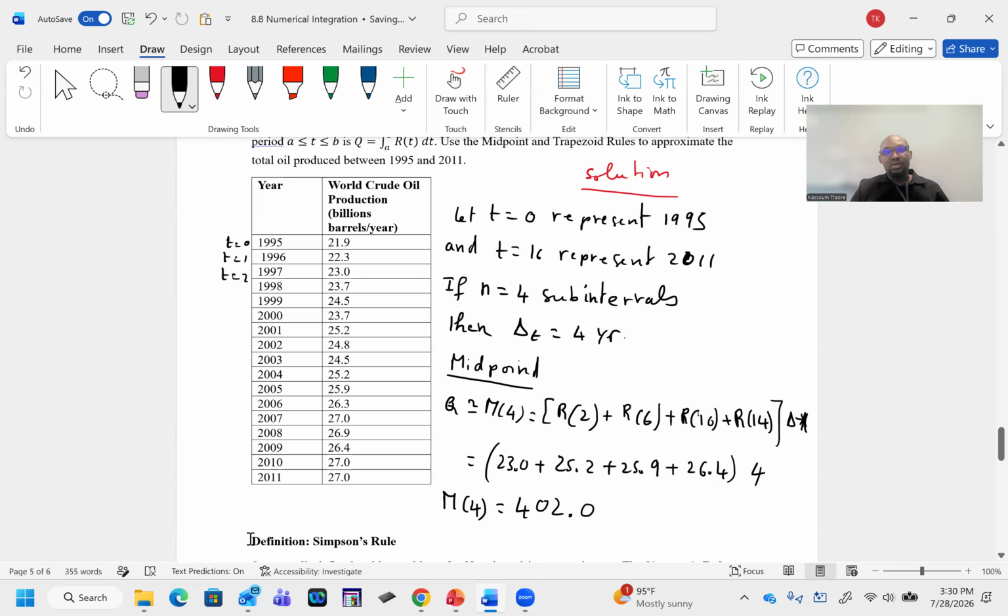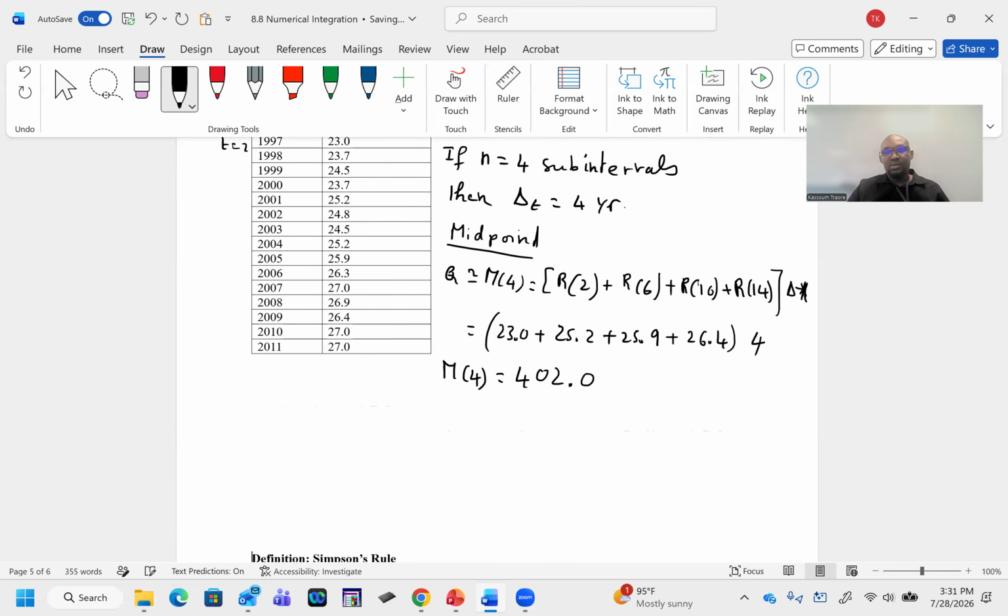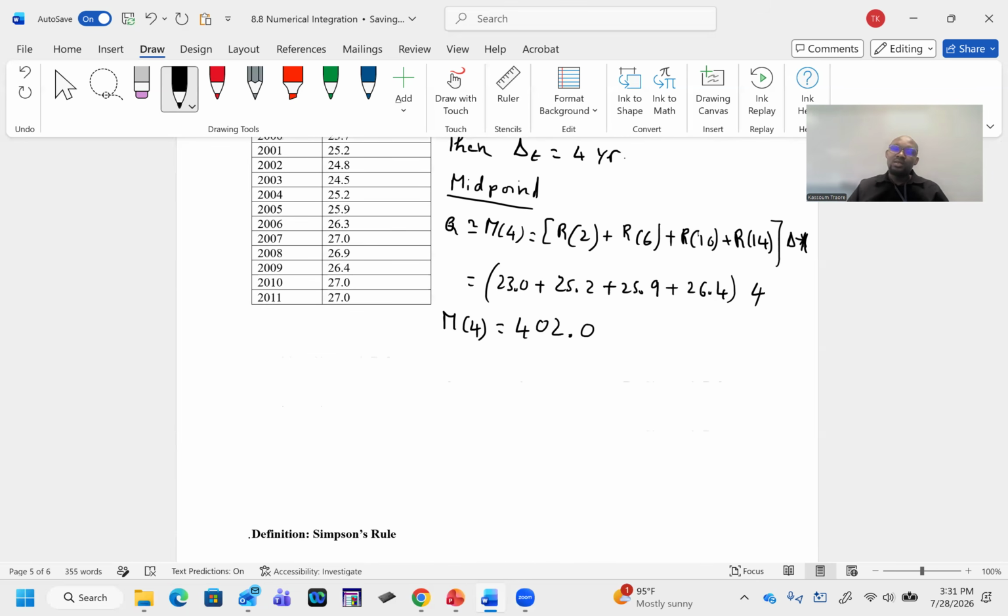And of course, when using trapezoid, so let's use trapezoid again.